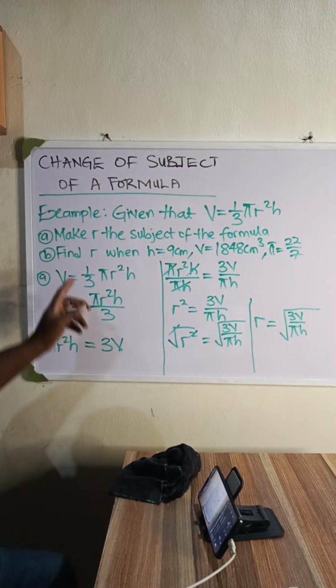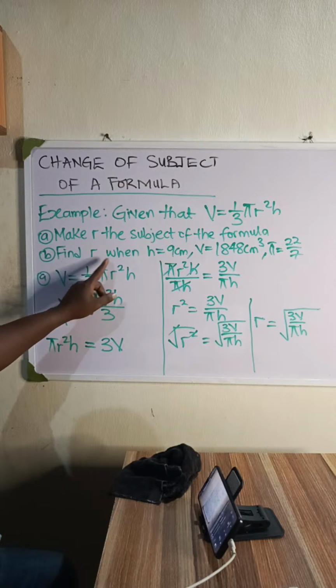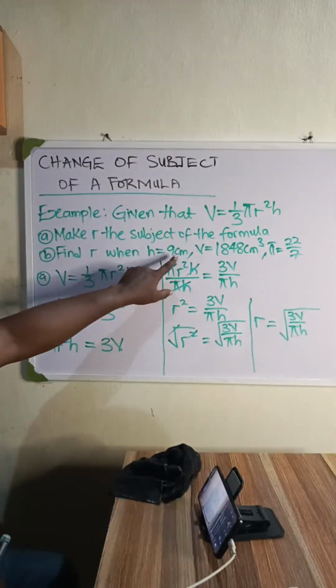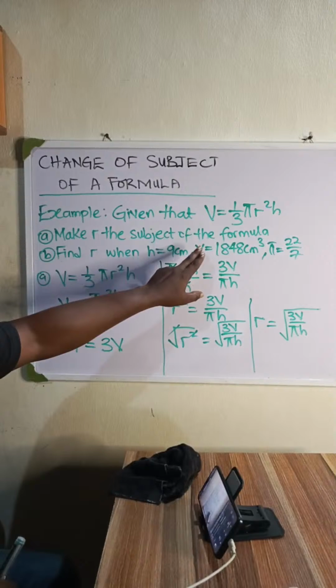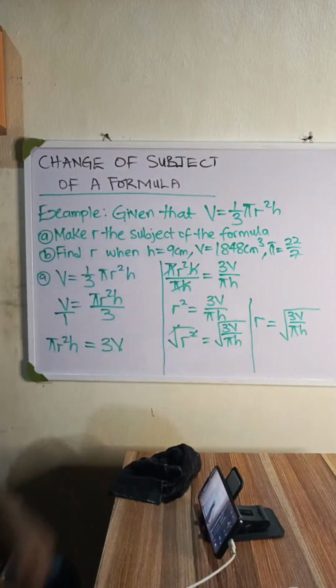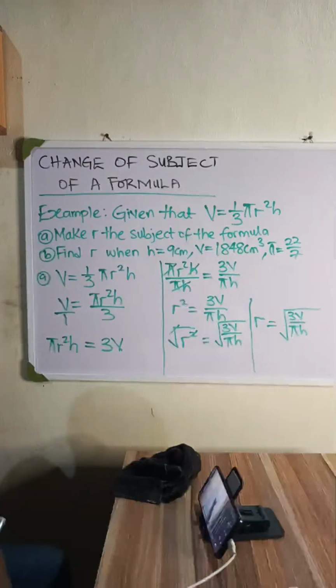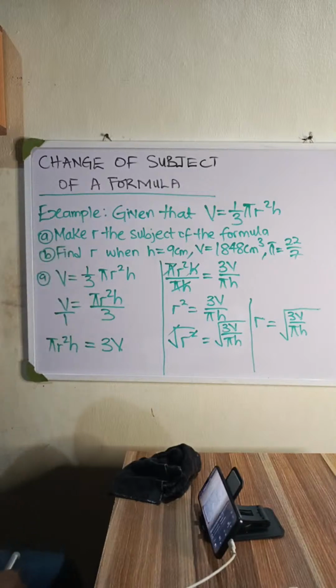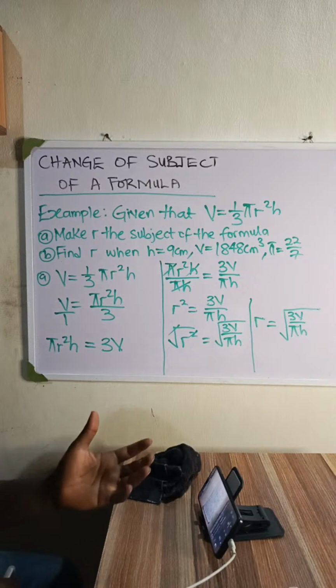Next, we look at B. Find R when H is equal to 9 centimeter, V is equal to 1,848 centimeter cube, and pi is equal to 22 over 7. So the second part of this question is simply a question of substitution.